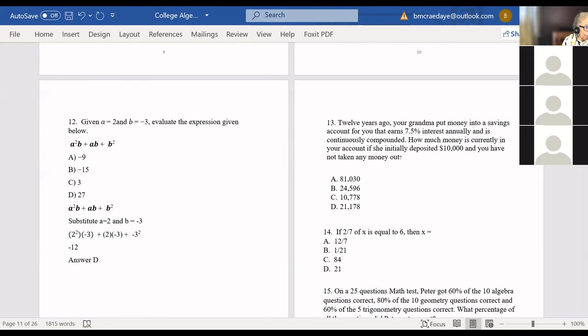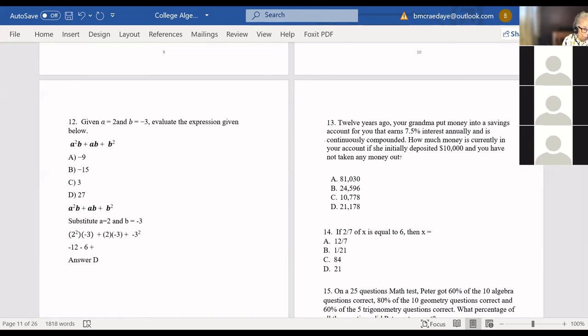And 2 times a minus 3 is a minus 6, right? And minus 3 times minus 3 is a plus 9, right? Yeah, plus 9.